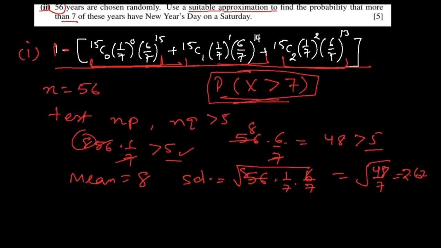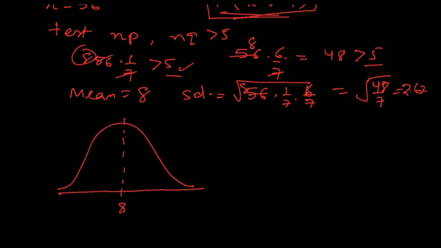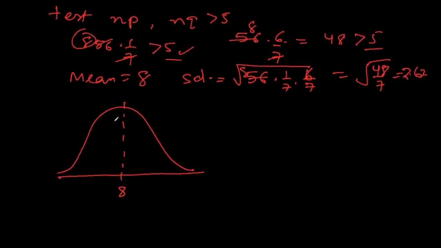So now they want a probability that x is greater than 7. That means 8 onwards, isn't it? So let's draw the normal distribution graph. Mean is 8. They want greater than 7. That means we can take somewhere here 7.5, right?